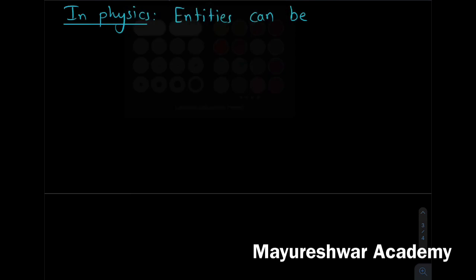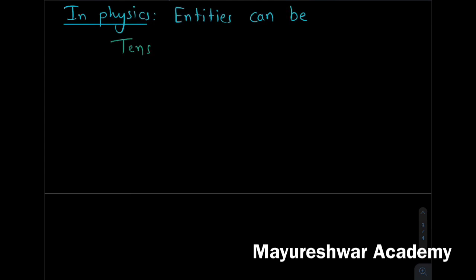So in general, in physics, we know that entities can be, first of all, tensors, which are higher order entities.